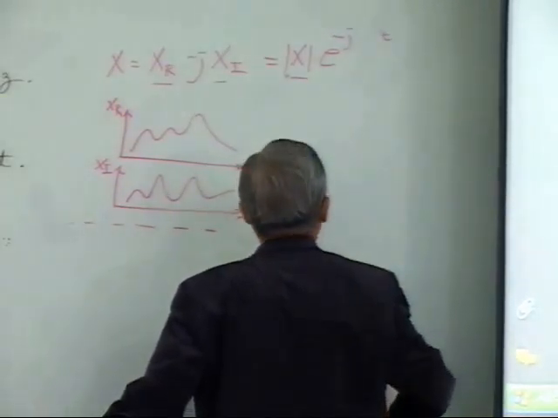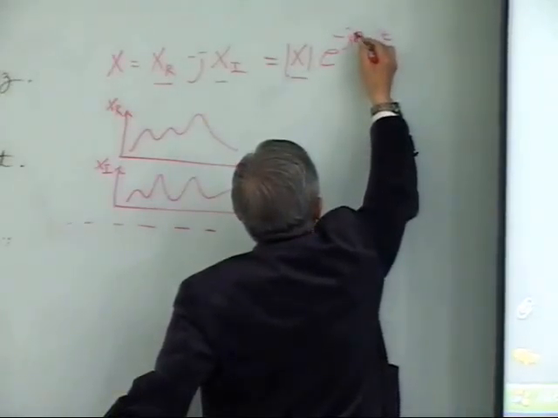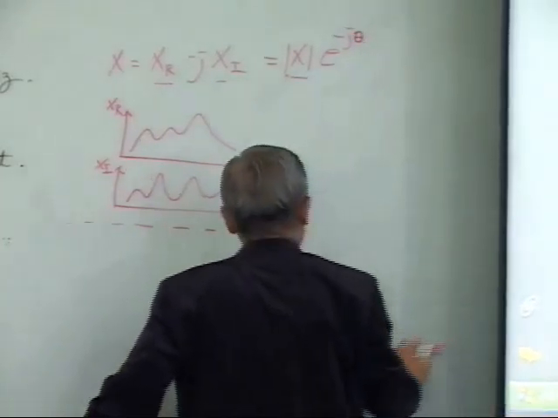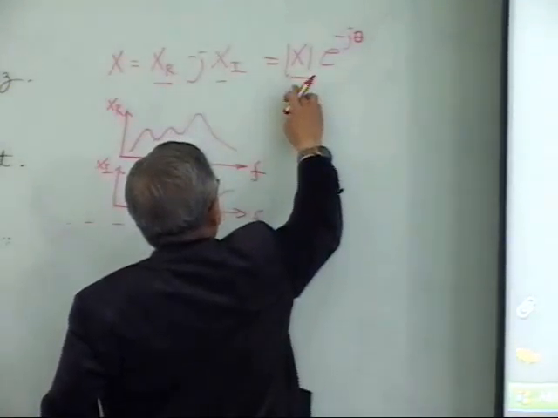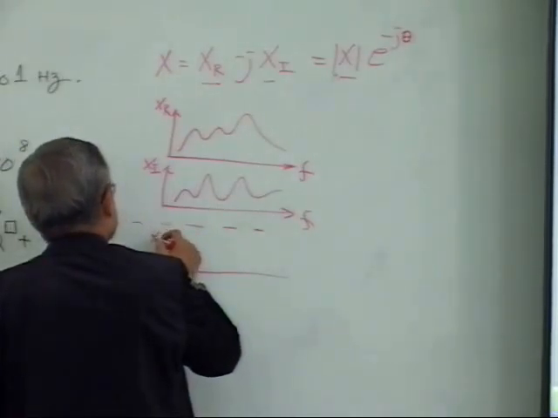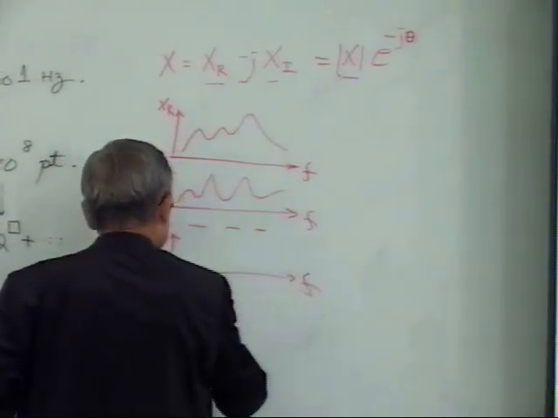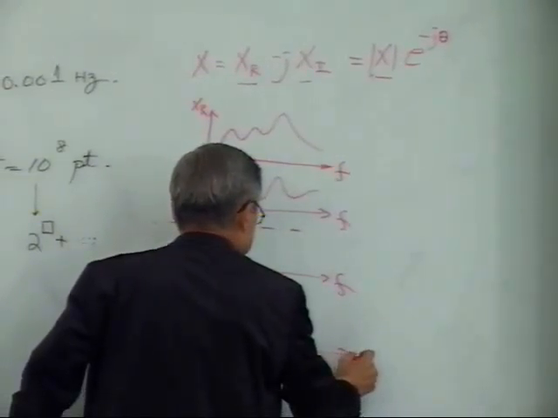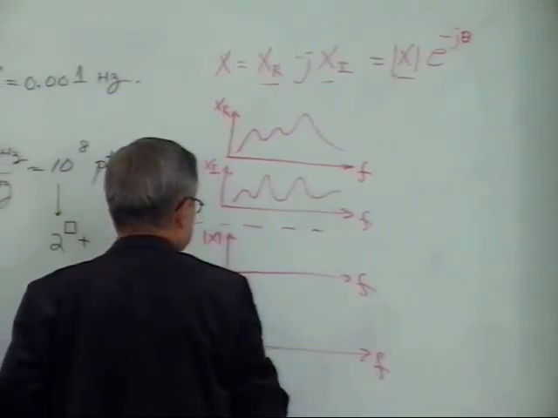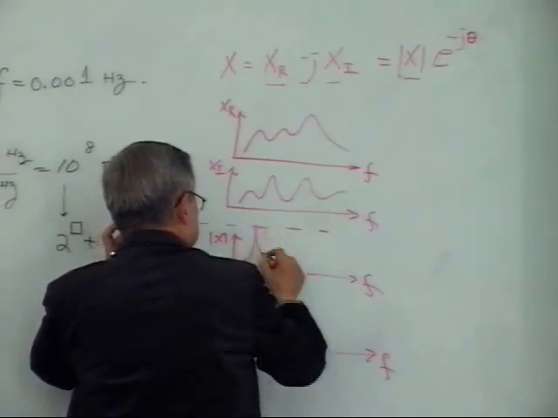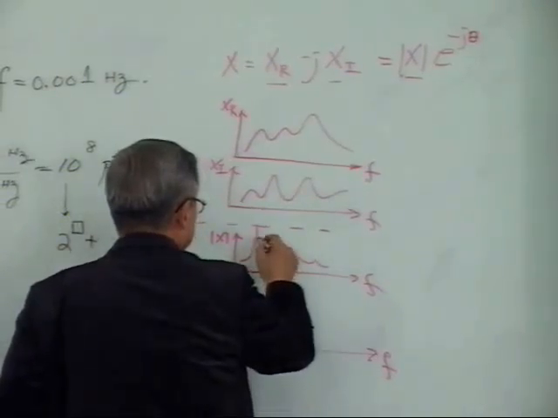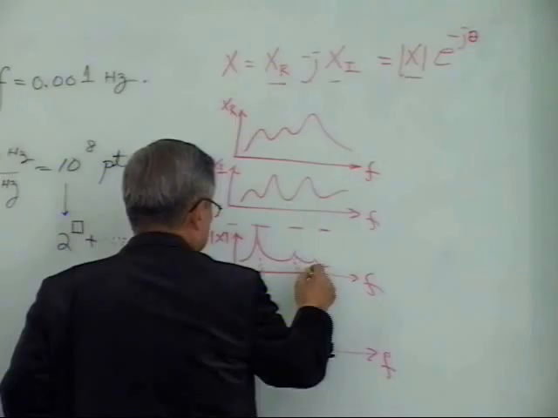just the theta, magnitude and phase. So you can have magnitude and the phase. Usually this comes like this, depending on the number of modes or resonances.